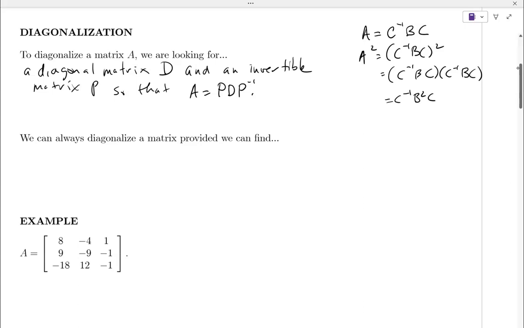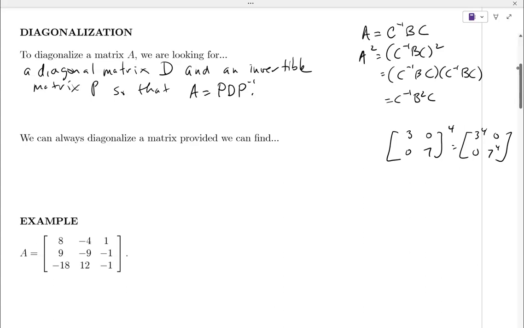Why do I care? Well, when I have a diagonal matrix, how do I take the power of a diagonal matrix? Say you have 3, 0, 0, 7, and I want to take it to the 4th power. I could just put the power on the components, right? That's it.